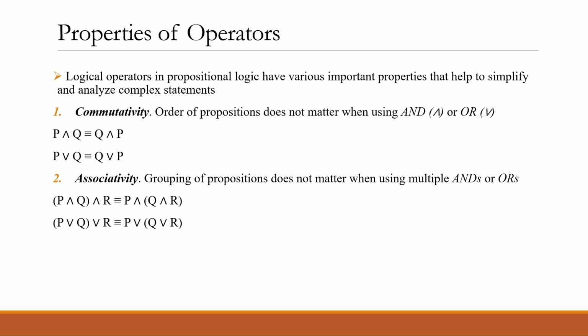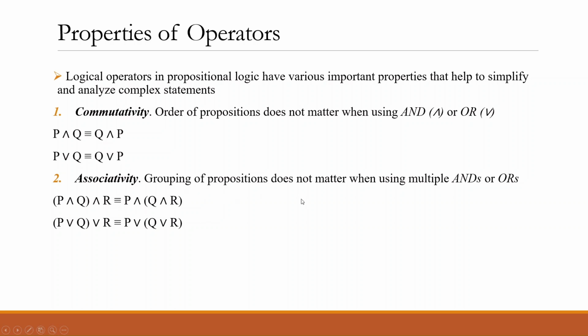Properties of operators. Logical operators in propositional logic have various important properties that help to simplify and analyze complex statements. We have commutativity. Probably you know it from the arithmetic operators, the order of propositions does not matter when using AND or OR. So P and Q is equivalent with Q and P, and P or Q is equivalent with Q or P. Associativity.